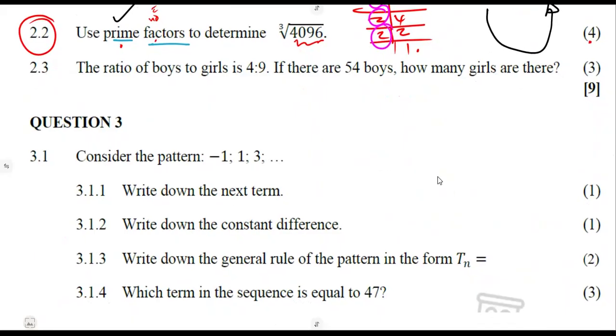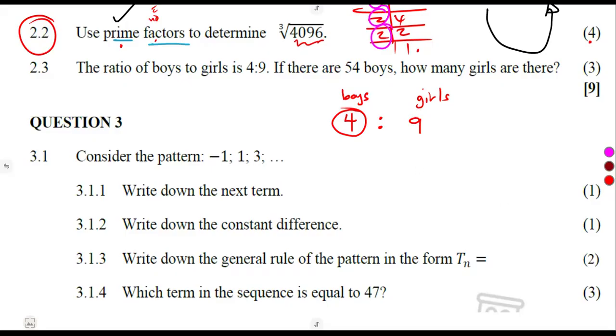On 2.3, the ratio of boys and girls is 4:9. As we can see, guys, they're saying for every 4 boys that we see, there are 9 girls. This is the ratio. A ratio is something that is mathematically proven. So in a normal consideration, where we see 4 boys, 9 girls are there.